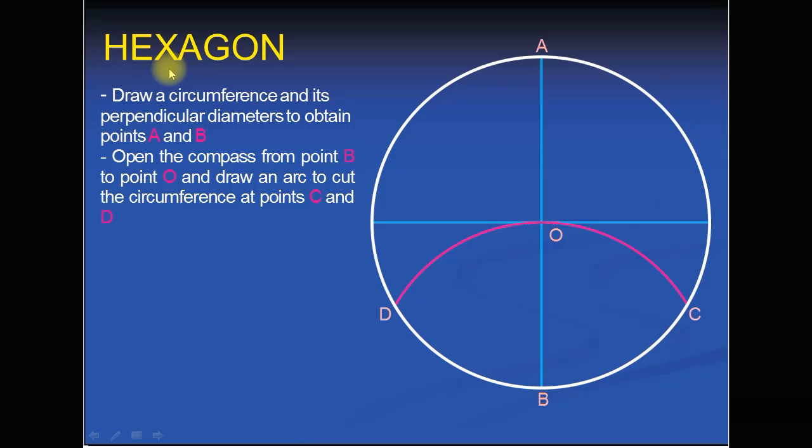Now to draw the hexagon type of polygon, draw the circumference as I have already discussed in the previous slides.